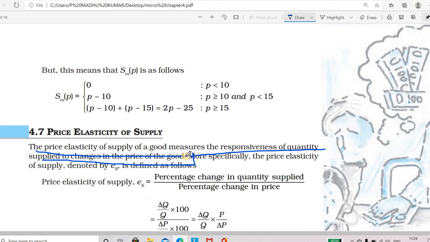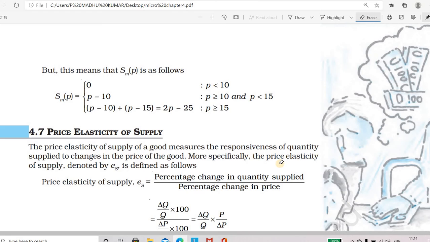Then the price elasticity of supply of a good measures the responsiveness of quantity supplied to change in the price of the good. When the price changes, the quantity also will change. If price increases, they will sell more quantity.